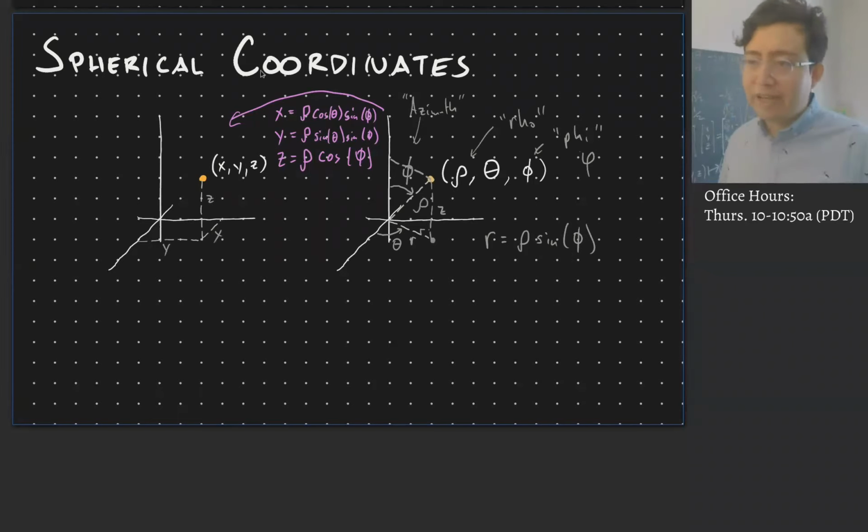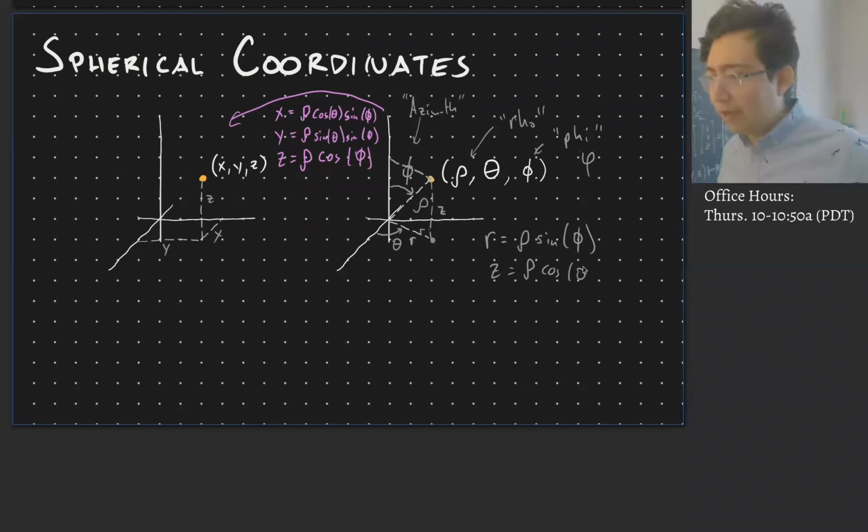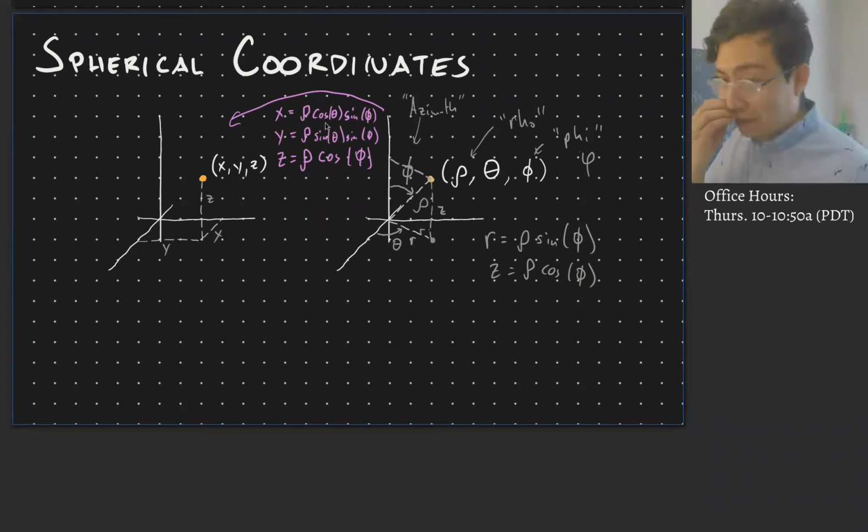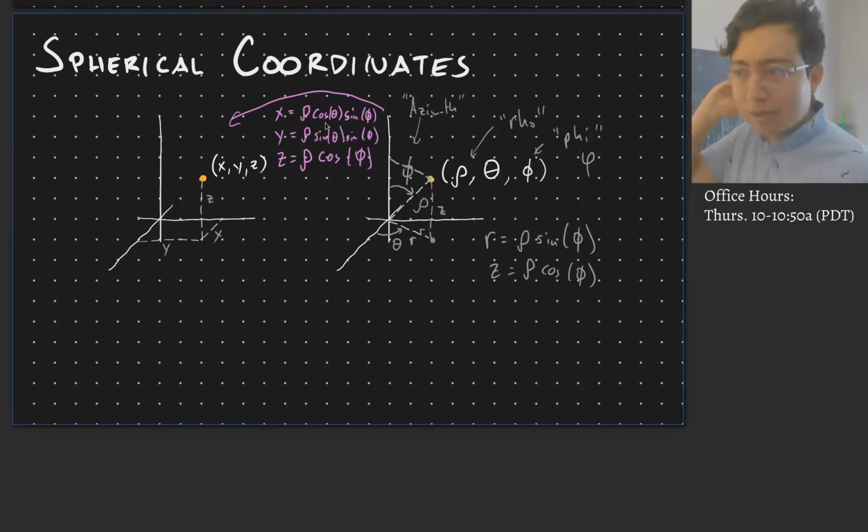Then you can just take your formula, and z is rho cosine of phi, and that's how you get this formula. So you can combine these two with the stuff you saw in the polar coordinates, and you get these formulas here. Again, I like to give you the formulas, but I also like to explain them when I can, because it can help with the memorization process, and it can help you double check that you memorized correctly.